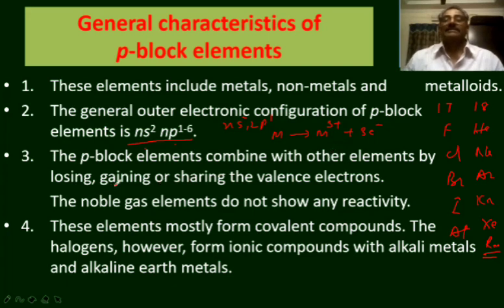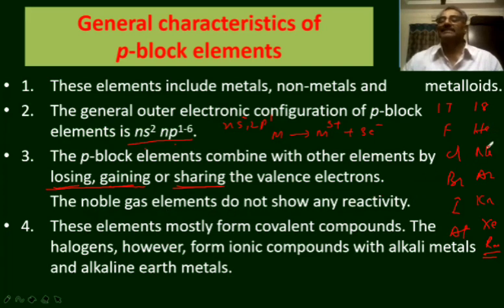So these form compounds either by the loss of electrons, or by the gain of electrons, or by the sharing of electrons. The ionic compounds are formed by the loss and gain of electrons, and covalent compounds are formed by the sharing of electrons in the valence shell. The noble gases do not show any reactivity.